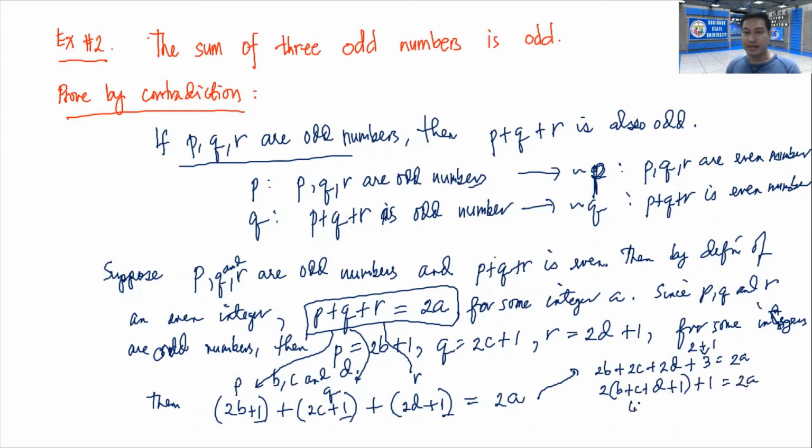And then you can let b plus c plus d plus 1 equal e, for some integer e. So you can have here 2e plus 1 is equal to 2a. And you can see here, this is a contradiction.